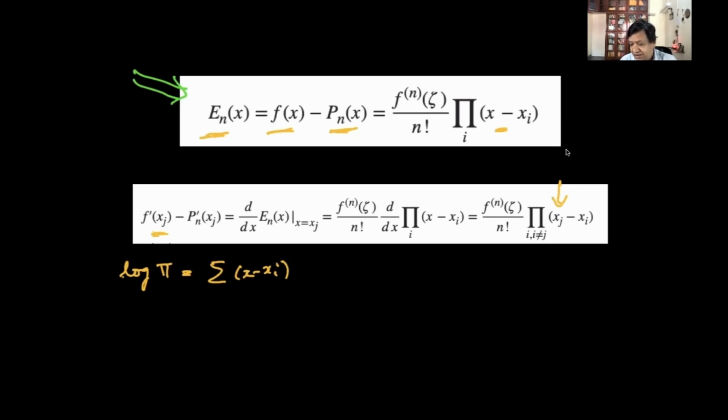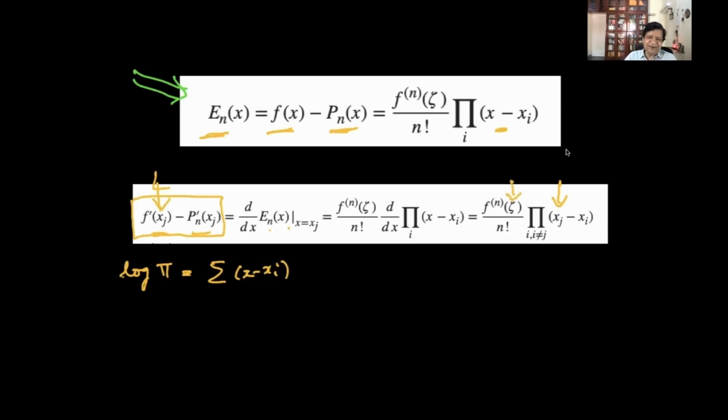Now, what is the error? In fact, this is the error in the derivative, right? So this is e_n'(x) at x_j. This should be the actual derivative, but I don't get the actual derivative. I am computing this, so that's the error. The only ambiguity is the zeta.